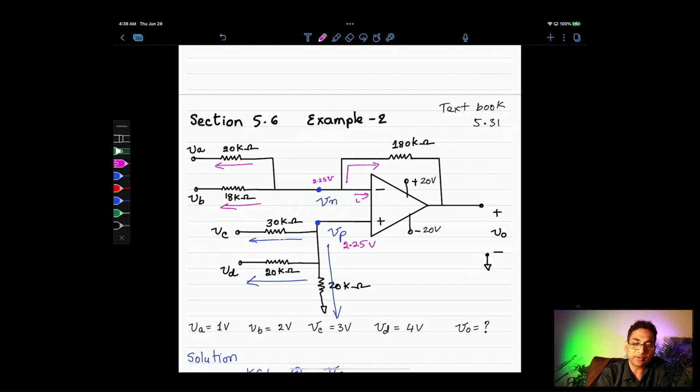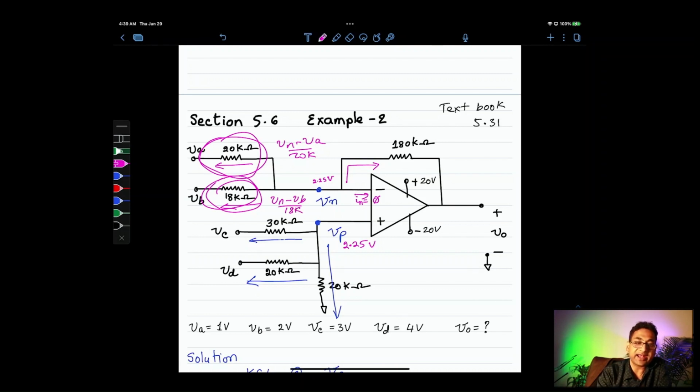The current going in here is 0, not surprisingly. So let's look at the current flowing in this branch, Vn minus Va over 20k. The current flowing in the bottom branch is Vn minus Vb over 18k.